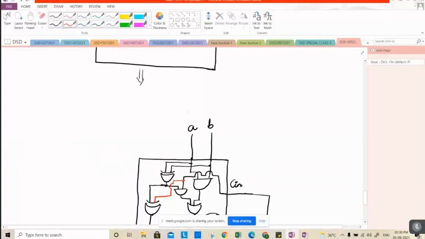Now here I will place two registers. This is one register and this is another register. This is the clock.